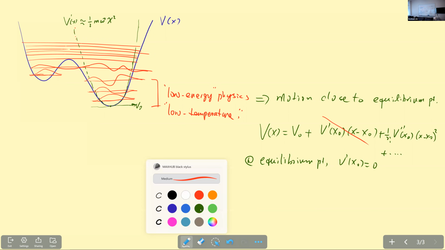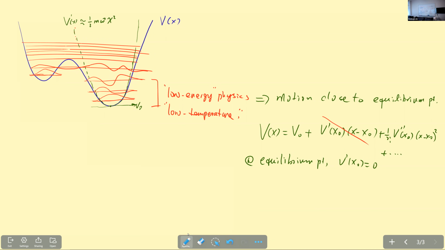Of course, you can take V0 equal to 0, it doesn't hurt, right? Because in physics, you can always shift the potential by a constant without changing the physics. Okay, right? So you only change all the energies by a constant. And also, it's up to you to choose the coordinates. Which one is 0? So you can also take this one equal to 0.